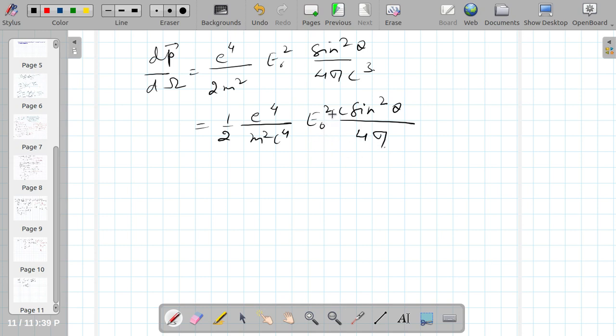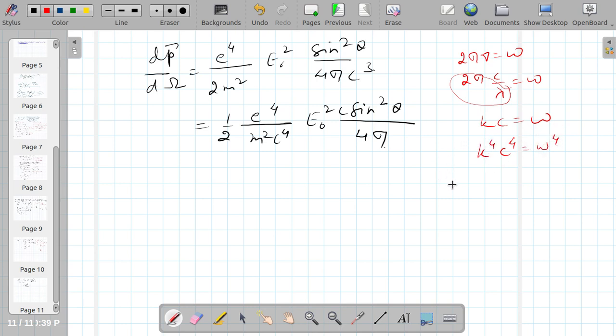But as I know, 2 pi nu is equal to omega, or 2 pi c over lambda is equal to omega. So 2 pi by lambda is equal to k, so kc is equal to omega. That means k to the power 4 c to the power 4 is equal to omega to the power 4.